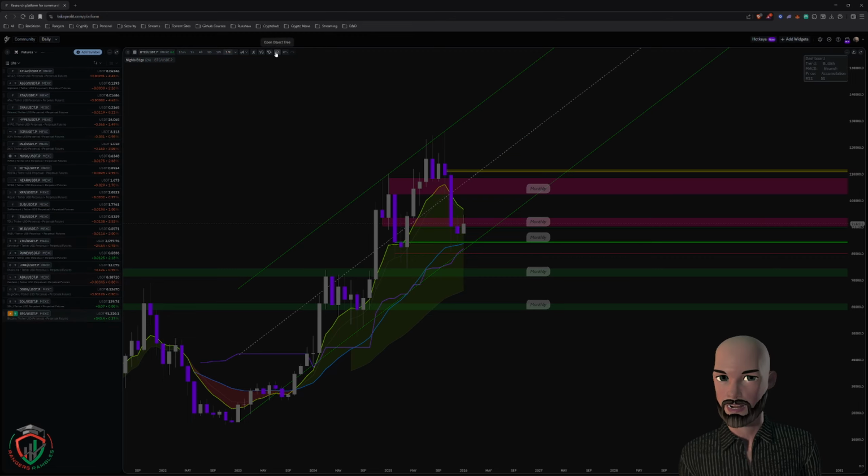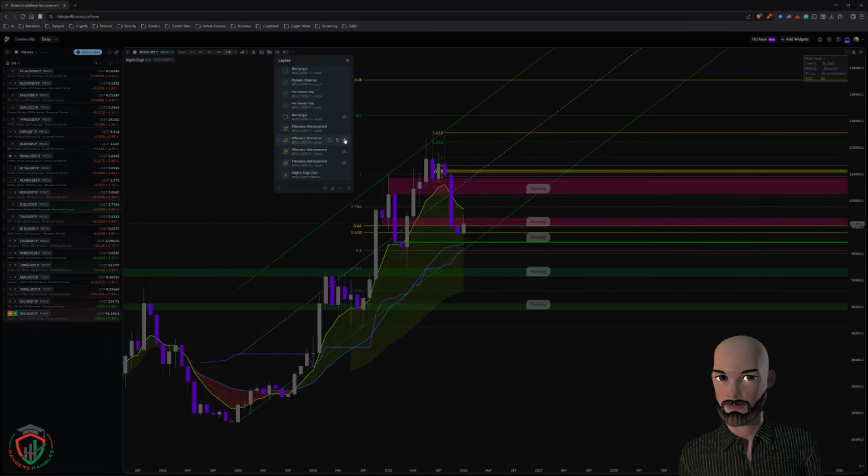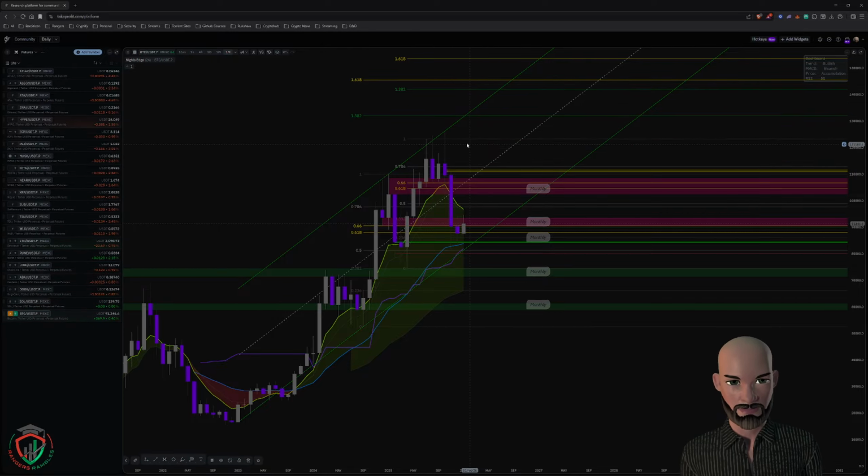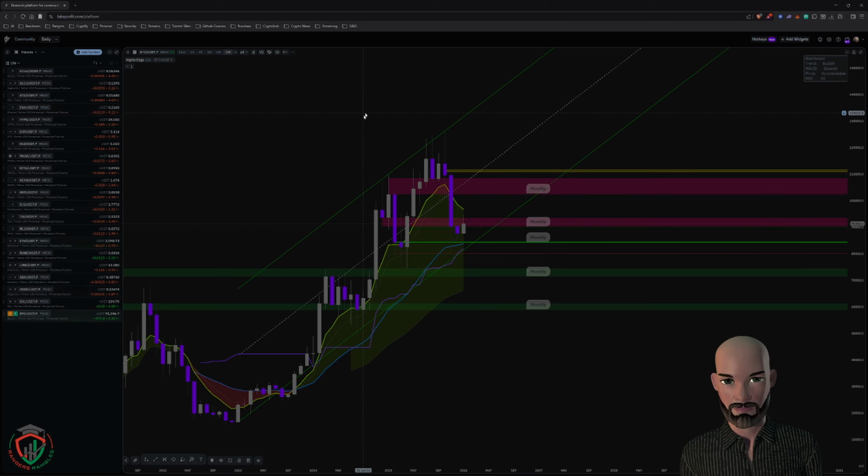Okay, let's bring up the object tree. Oh wow, I guess if I show all this a second, this is stuff that I previously hide from people. There we go.